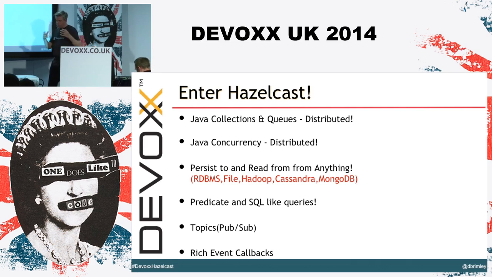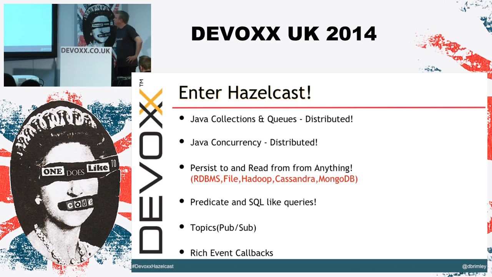When you're working with a cache, you work with maybe a distributed map, let's say in Hazelcast, you do a map put. That entry then should go into the cache and then potentially go into any other kind of backing store that you could create. So this is why I say there in the red that you can persist and read from anything. You can persist to a relational database or a file or any of those other things.